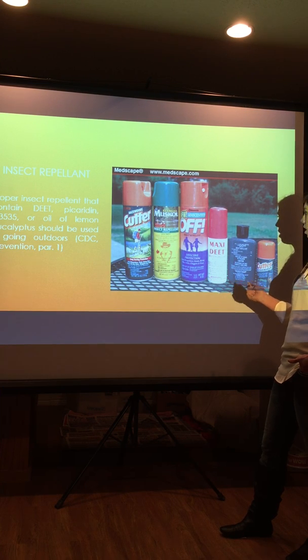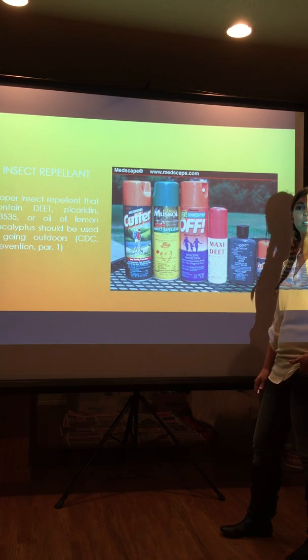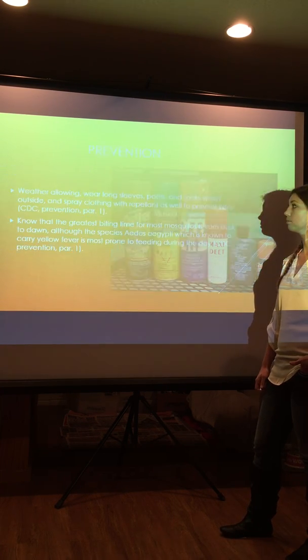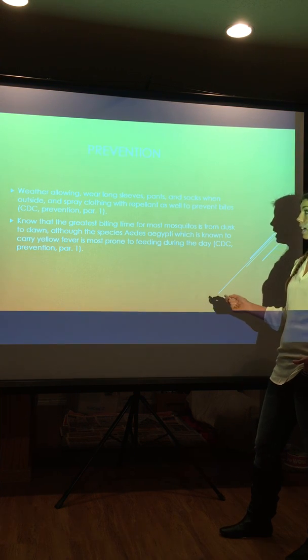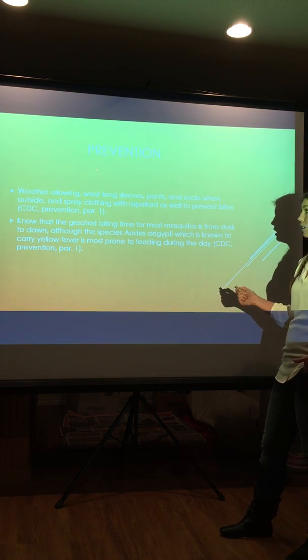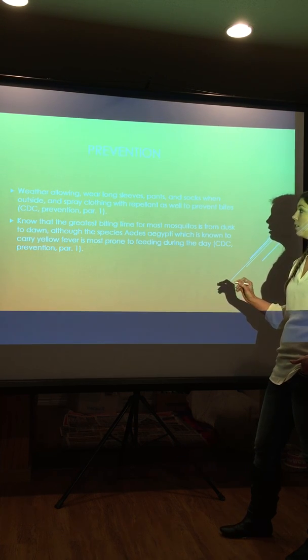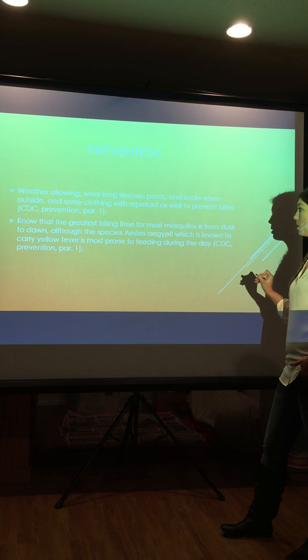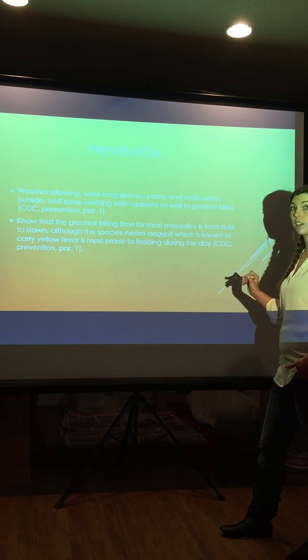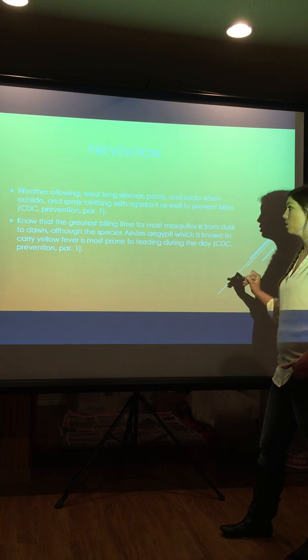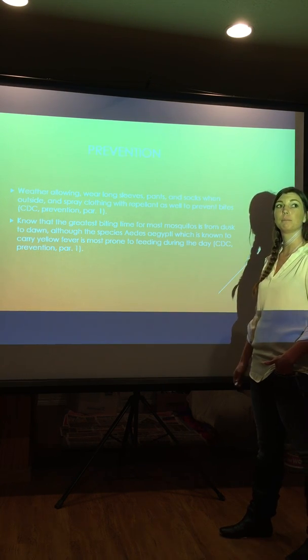Cutter, Off, all those common brands are good to use. Weather allowing, wear long sleeves and pants to cover the skin, and also spray the clothing to prevent bites. Know that the greatest biting time for most mosquitoes is from dusk to dawn, although the Aedes aegypti species is more prone to feeding during the daytime.